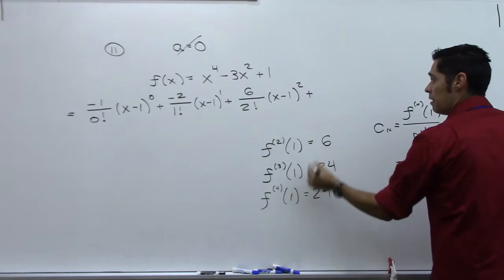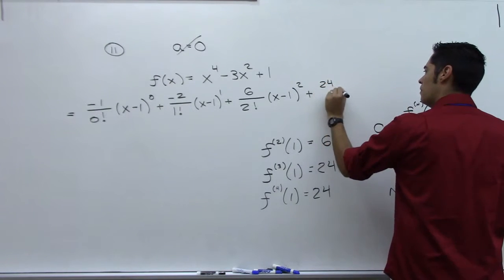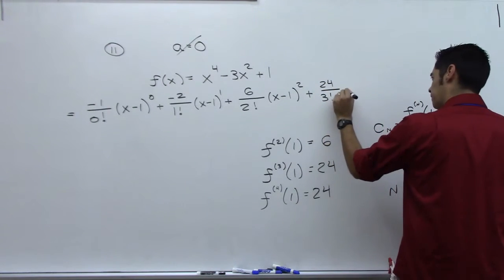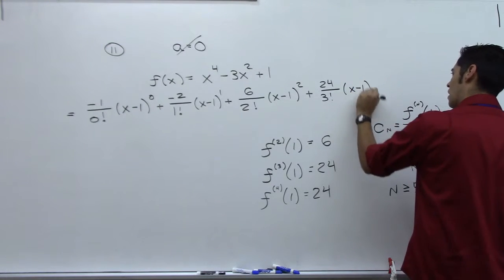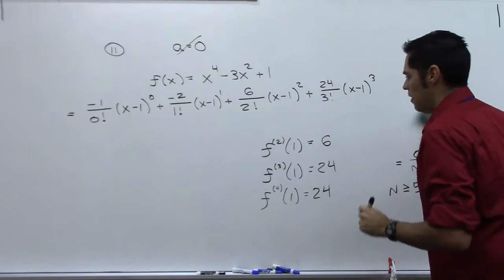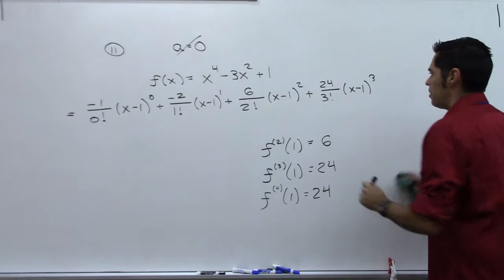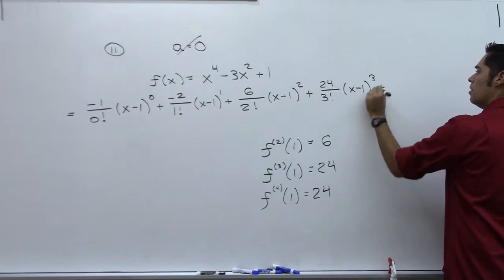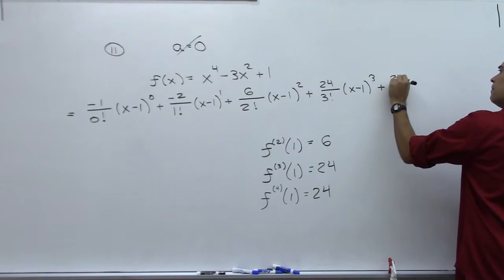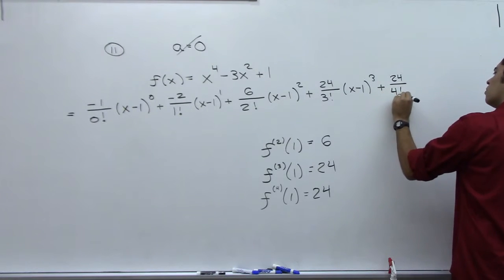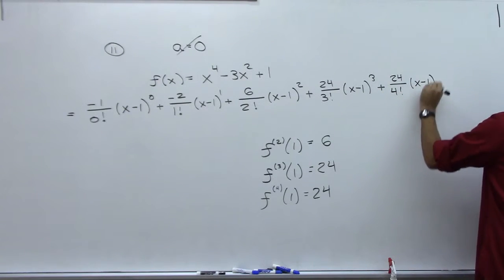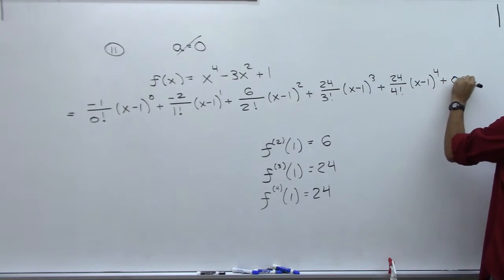Plus, now I'm at my third derivative, so 24 over 3 factorial, x minus 1 to the third. And then I have one more, because everything after this is 0. So 24 again over 4 factorial, x minus 1 to the fourth.